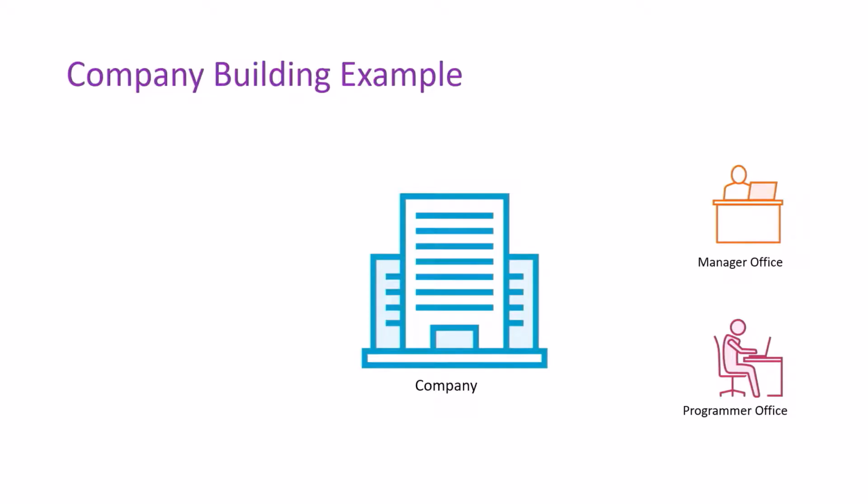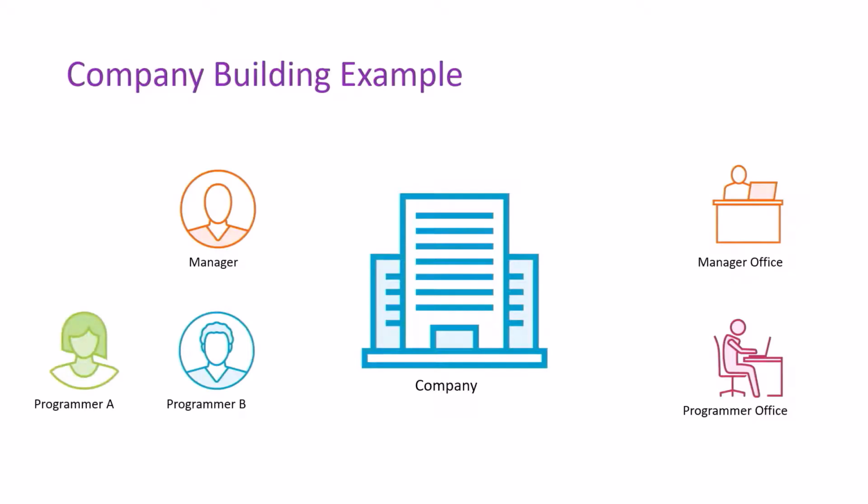Some users or employees are managers, some others are programmers, etc. And these users or employees can enter the building. So they all have access to the building. So they are all authenticated to enter the building because the building system is aware of their credentials. But depending on the role within the company, they can access different rooms or offices.